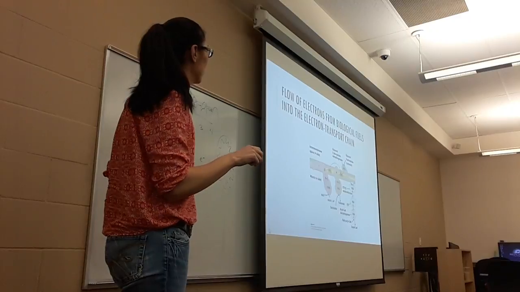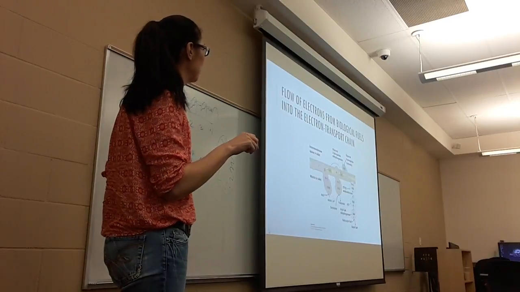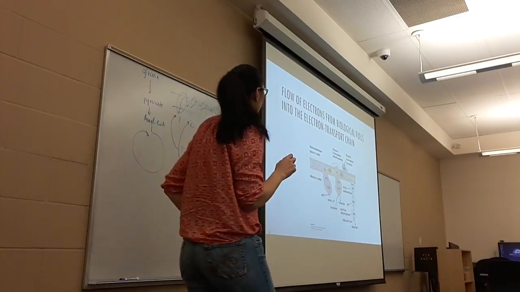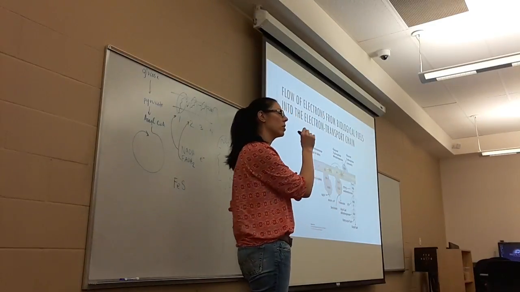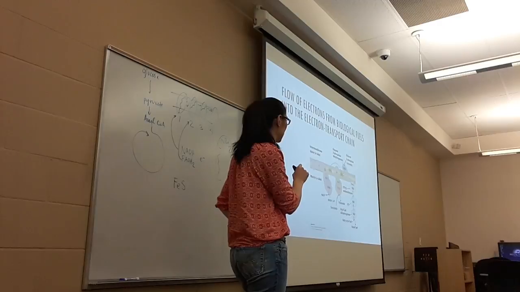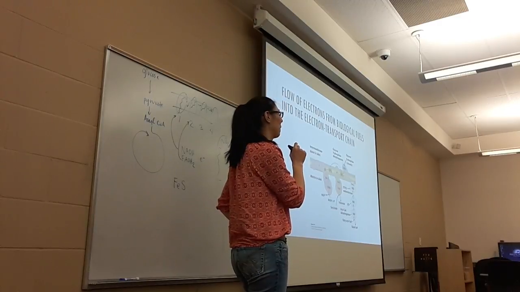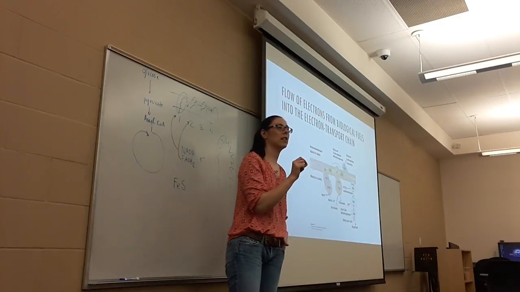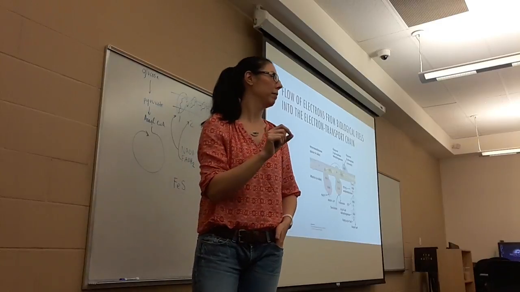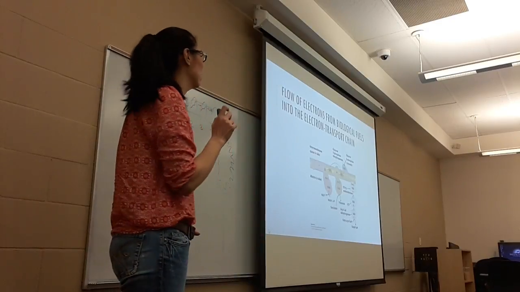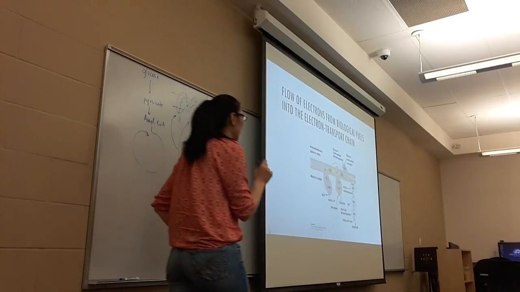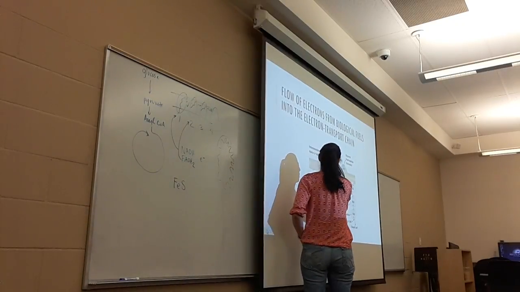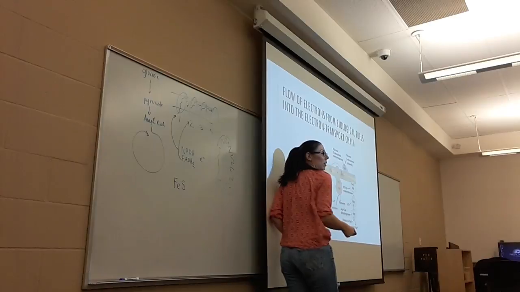So this is a nice, good, generalized picture of the electron flow. We're going to go into each one of those specifically in detail. Now, you're going to notice by the fourth complex that everything is very complicated. I am not expecting you to memorize precisely where each of the electrons are being distributed as they move through each complex.